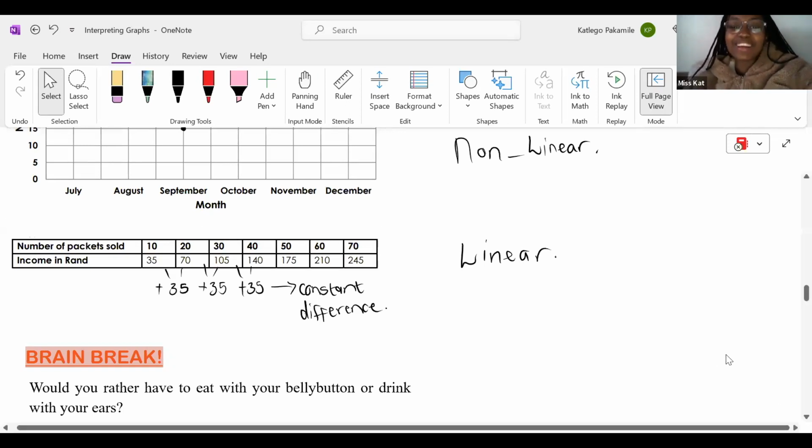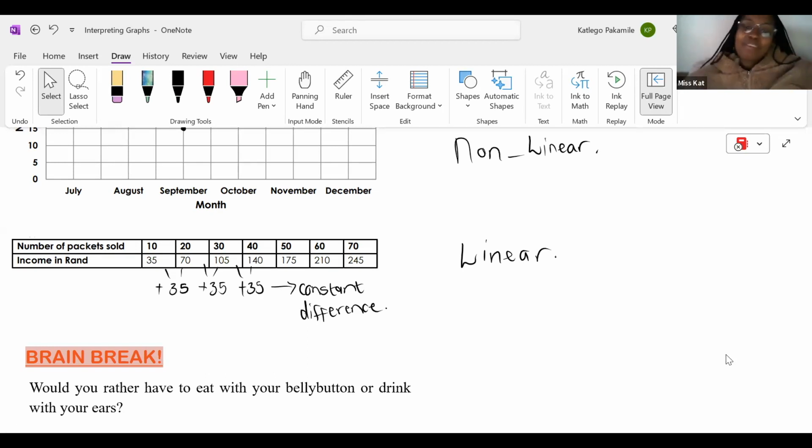Imagine eating in public with your belly button. You must lift your shirts and stuff things in there and make sure they can fit, so you must cut them in pieces. Ew. Yes, Kamukelo. Just use a straw, Lisady. What are you guys drinking that's chunky that's going to block your ears?